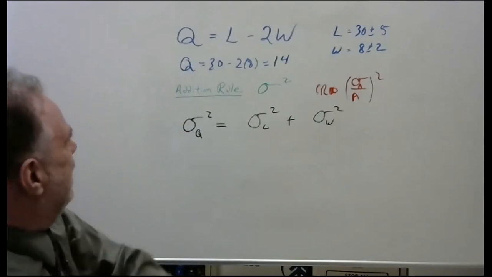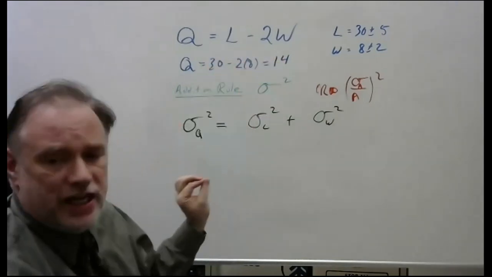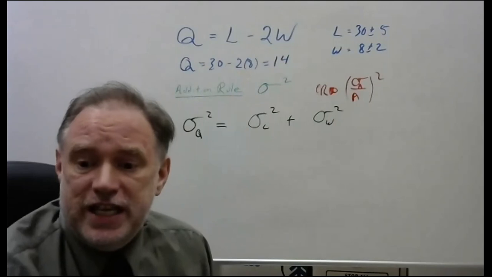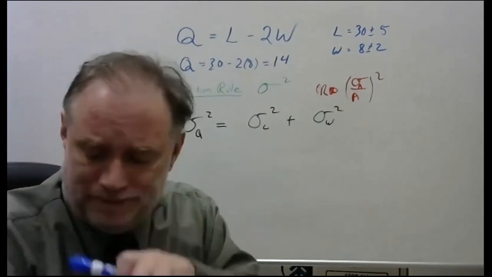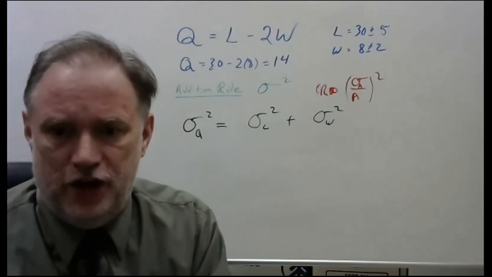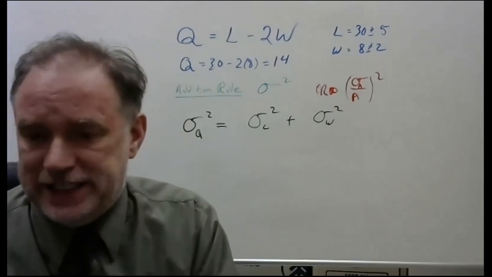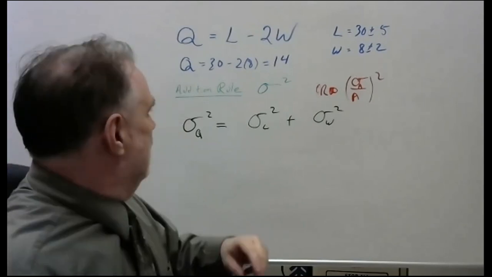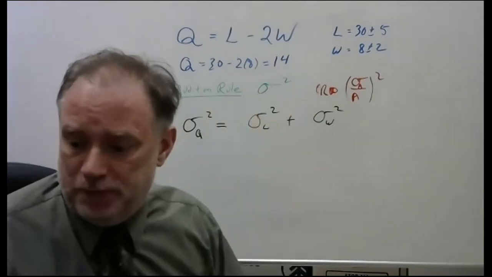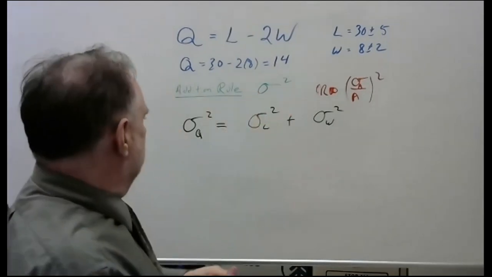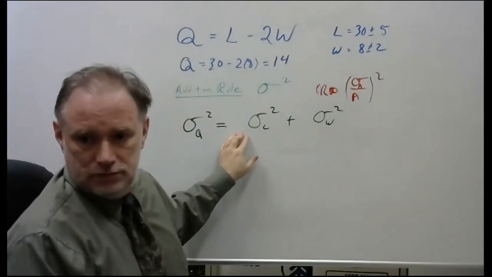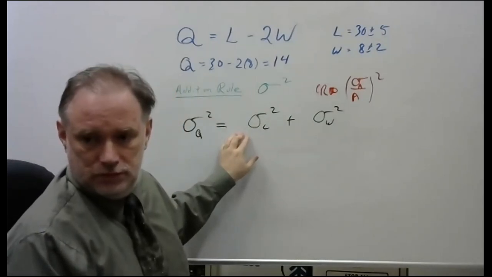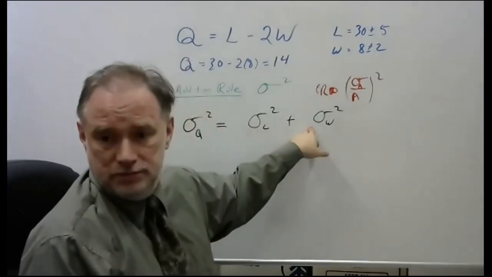Now, in addition, the coefficient takes the place of the exponent for multiplication. So the coefficients for addition act the same as the exponents do for a product. What's the coefficient of this one? 1. And the coefficient for this one? 2.